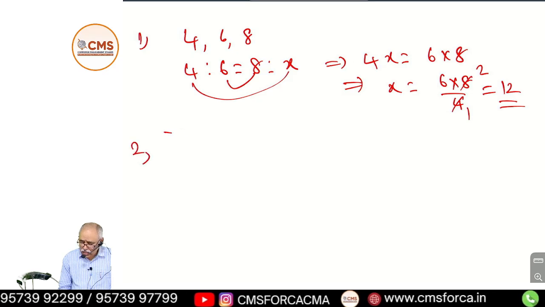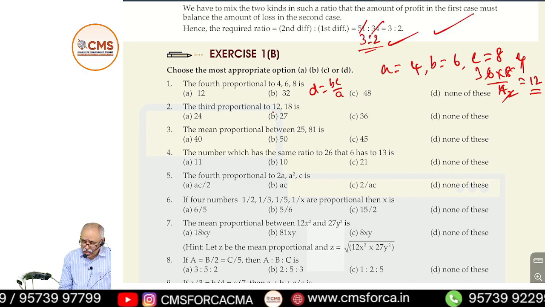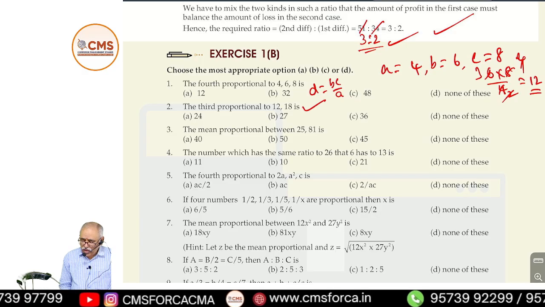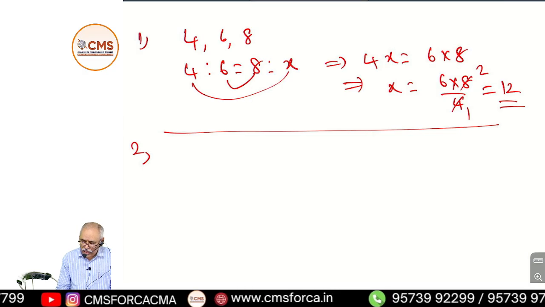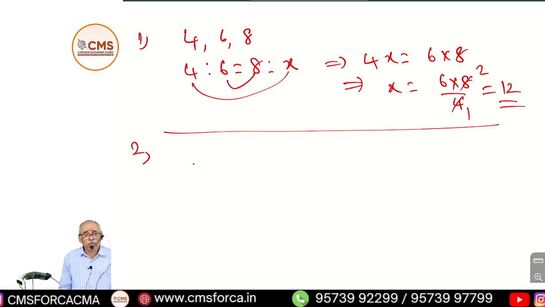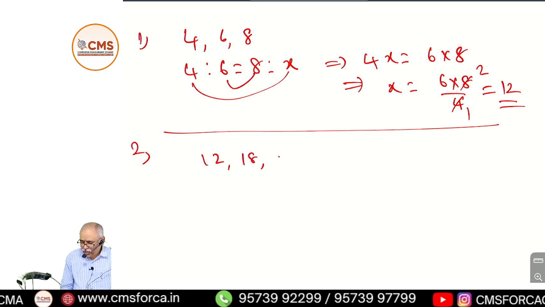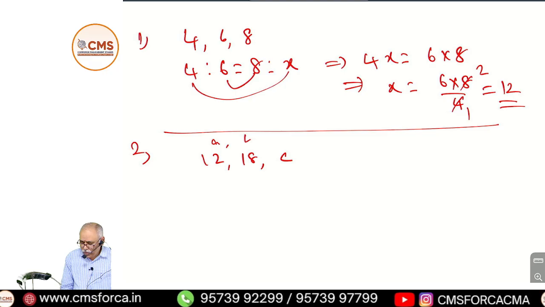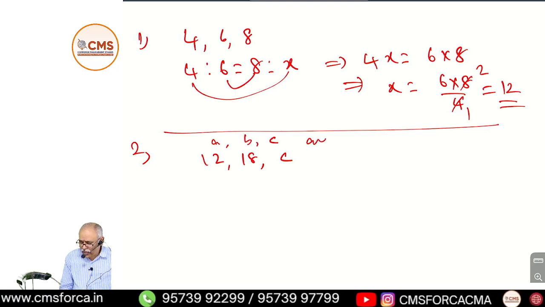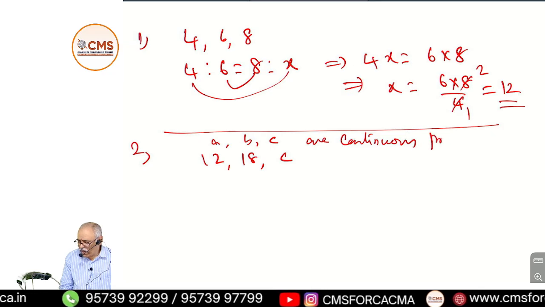Let us see the second question. The third proportional to 12 and 18. How will you find the third proportional? 12, 18, C. These A, B, C are in continued proportion or continuous proportion.